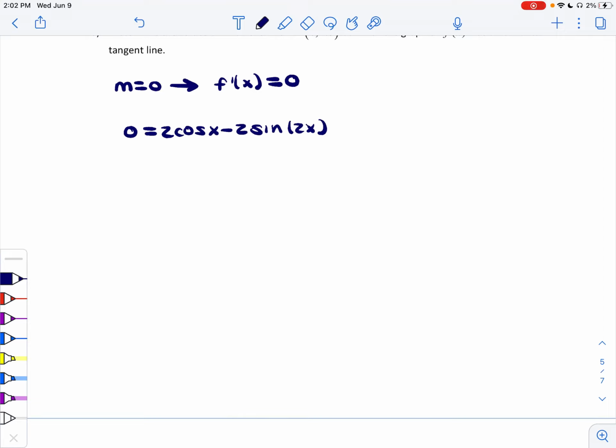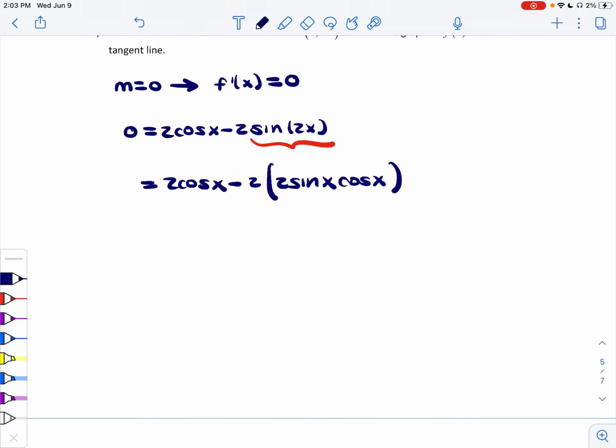Okay, with this function here, we have a sine of 2x. Really the only way that we can solve this is by rewriting the sine of 2x with our double angle identity. It's probably been a minute since you've done those, but our double angle identity for sine of 2x is the same as 2 sine of x cosine of x.